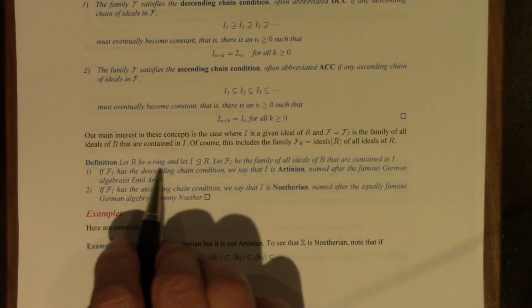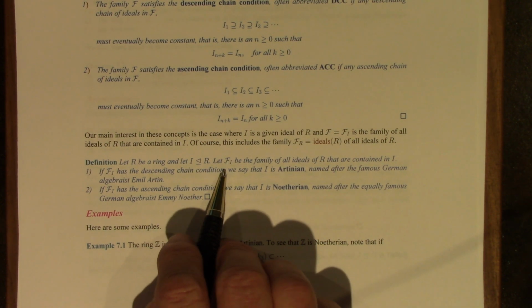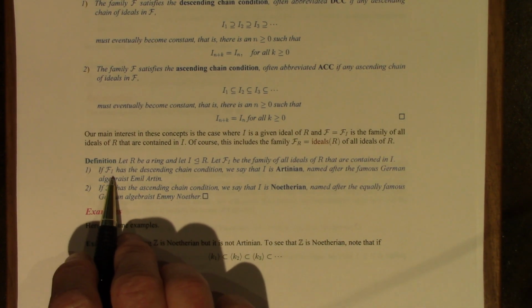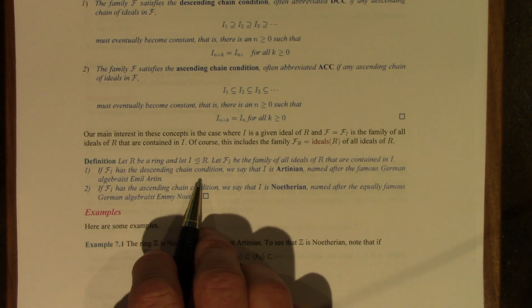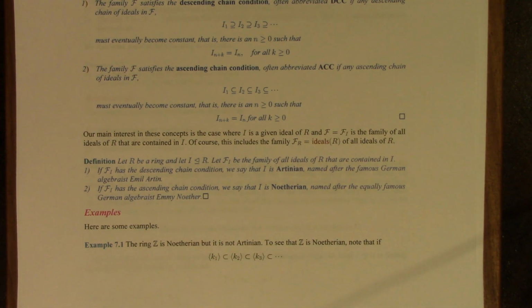So, definition: let R be a ring and let I be an ideal of R. Let F sub I be the family of all ideals of R that are contained in I. And again, this also includes the case of all ideals for the ring R. If the family F sub I has the DCC, we say that I is Artinian, named after a famous German algebraist, Emil Artin.